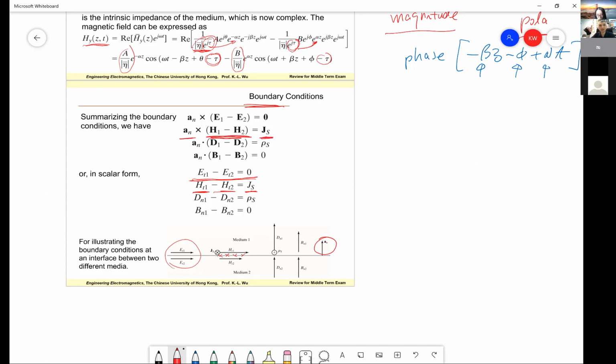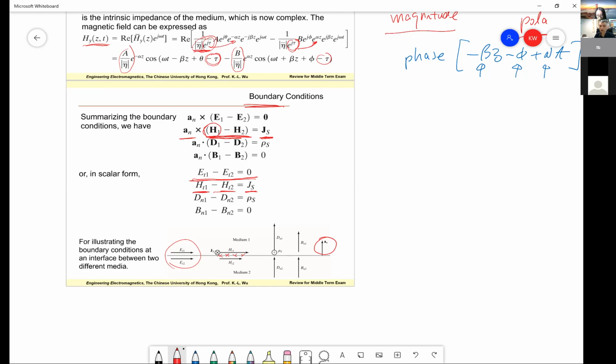So the current is equal to n cross the magnetic field in medium 1.